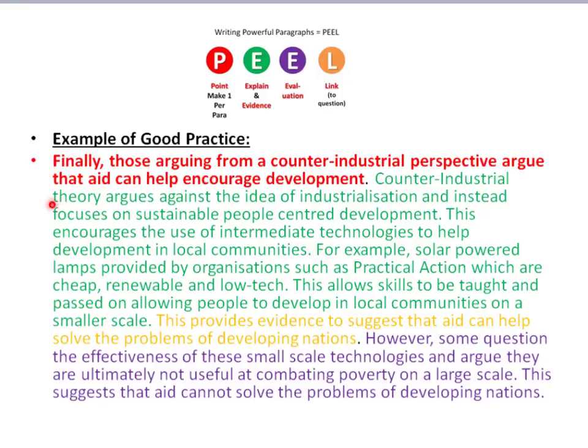That's then developed and explained with reference to some real examples, so with reference to the work of Practical Action. It's clearly linked back to the question, so this is the link sentence, and then we've got a sentence or two at the end of the paragraph with some criticisms of these particular arguments. So this is the evaluation part of the paragraph.